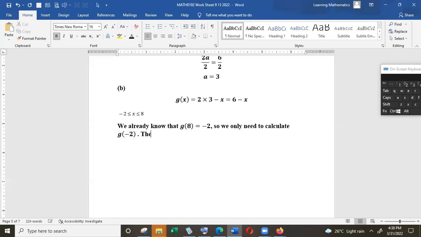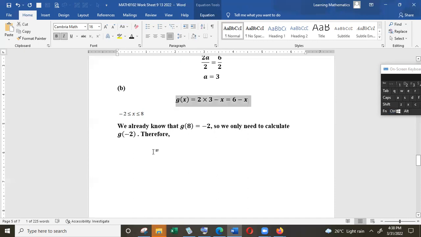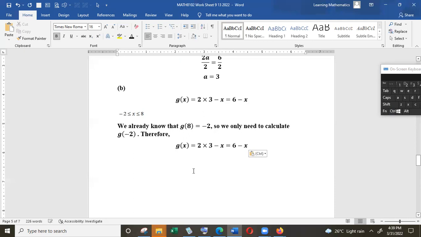So therefore g of -2, wherever you see x, you're going to put -2. Bear in mind it is this -2 here.